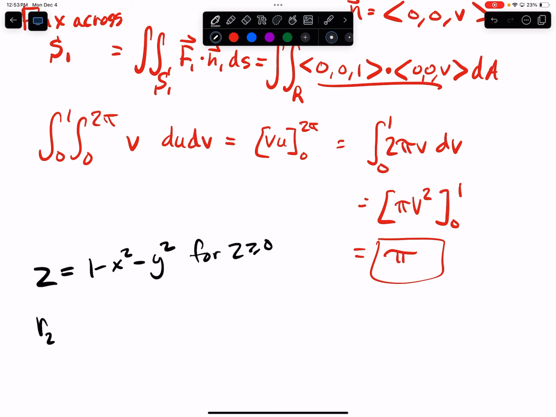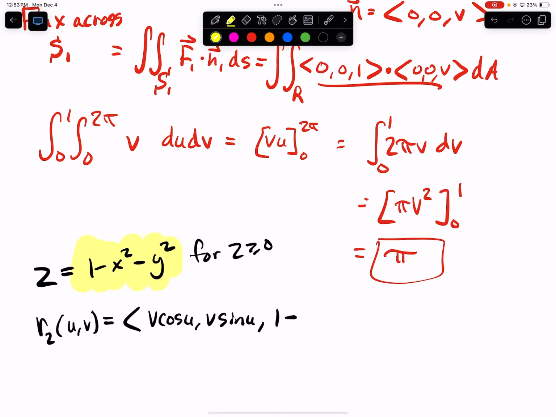If I'm parameterizing the surface, okay, so that's still the v cosine u, v sine u, but my z value isn't always the disk, is it? It's not 0 anymore. What is it now? 1 minus what? What is it? 1 minus v squared cosine squared u, minus v squared sine squared u.